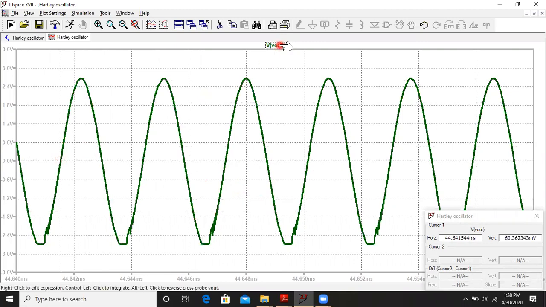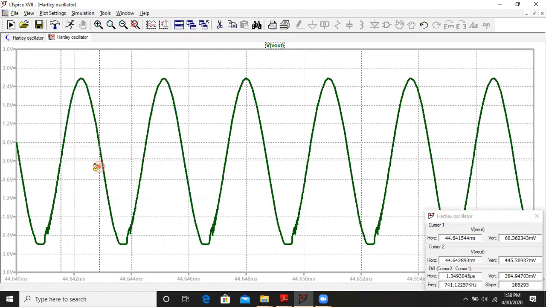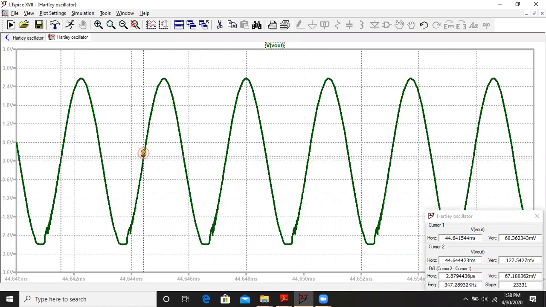And the second cursor over here, I will also place it near this point. Okay, so it's nearby. So as you can see, it calculates the time difference of one period. So from here to here, we have one time period, and the frequency it's directly calculating, that is 1 divided by the time period. That will give us the frequency.